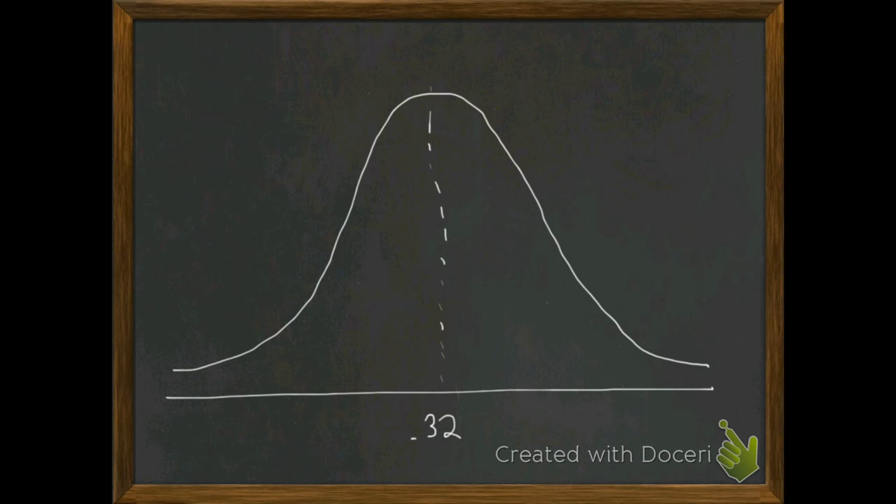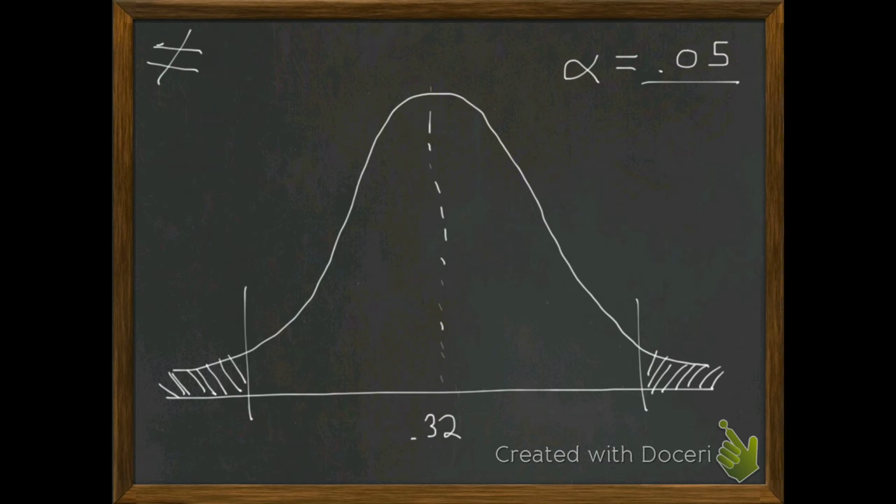And guys, remember we are conducting a two-tail test, which tells me I have to put half of my rejection region in the left tail. And it tells me I have to put half of my rejection region in the right tail. All right? Now, since alpha is 0.05, I need to divide that by 2, put half here and half over in the other tail.